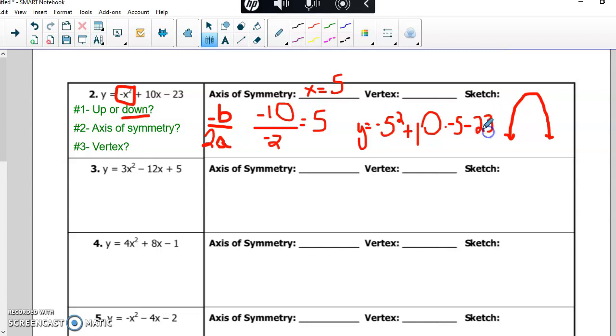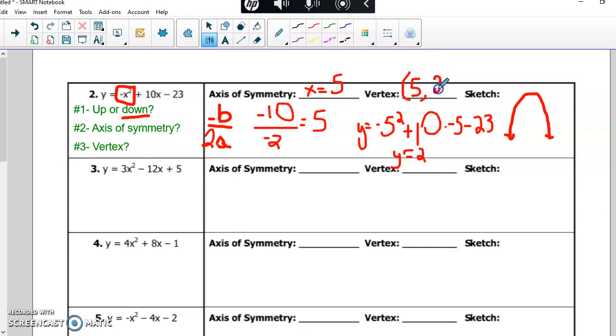So when I plug that into my calculator, I'm going to end up with y equals 2. So my vertex, I know, I've just found my 2 pieces. I have 5, comma 2.